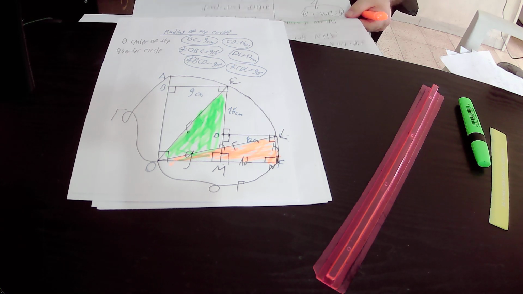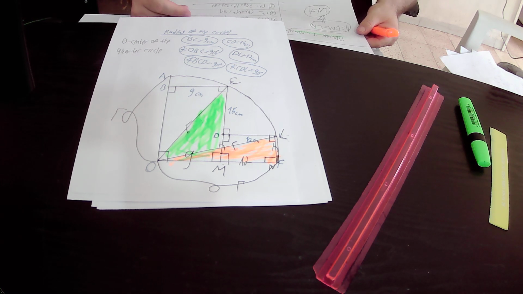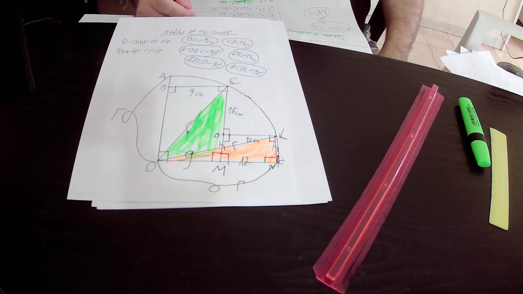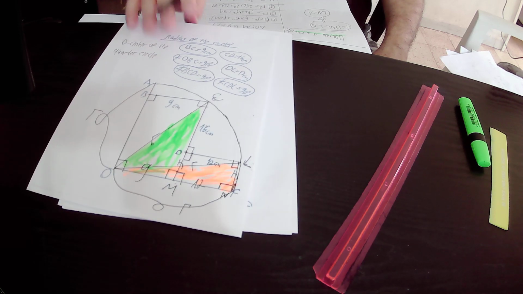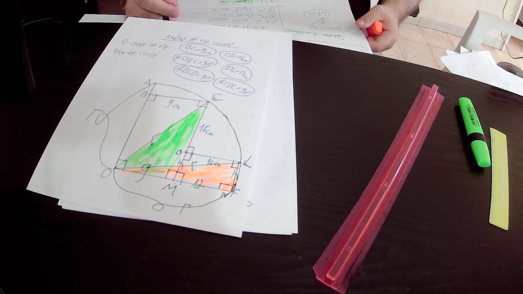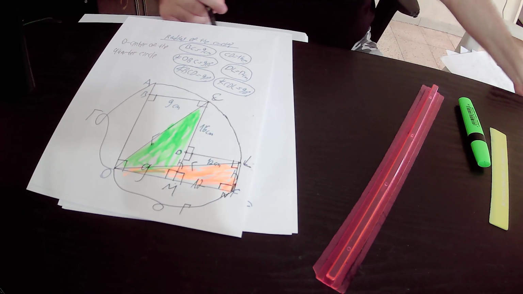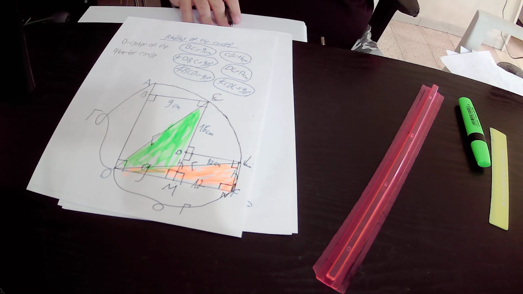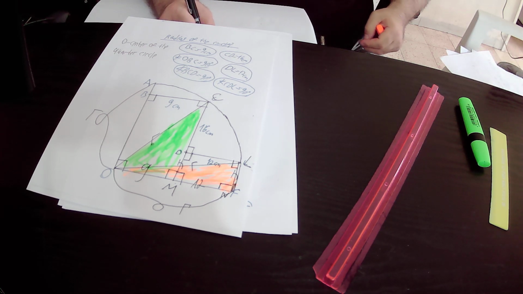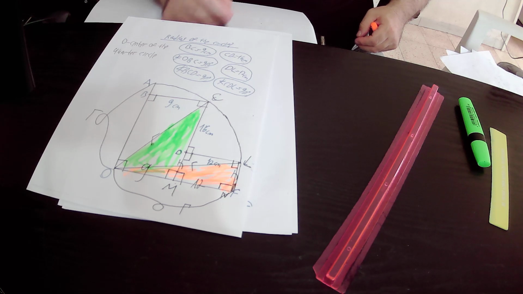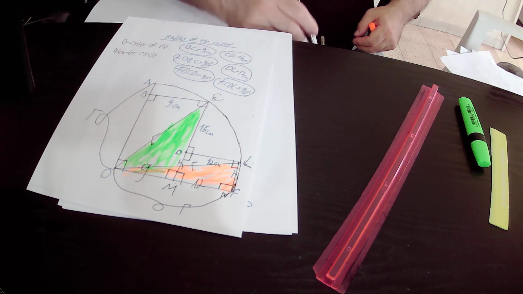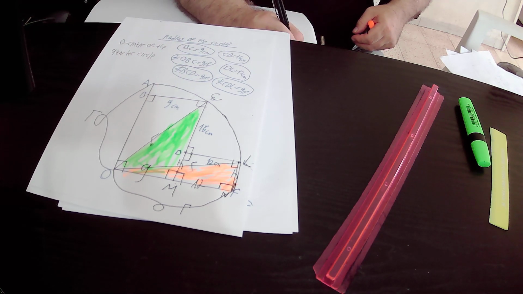In the right orange triangle, triangle LNO, according to the Pythagoras theorem, the square of the hypotenuse equals the sum of the squares of the perpendiculars. So here, the hypotenuse is LO, therefore the square of the hypotenuse is LO squared.